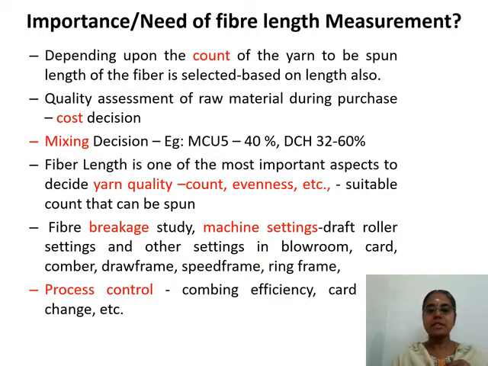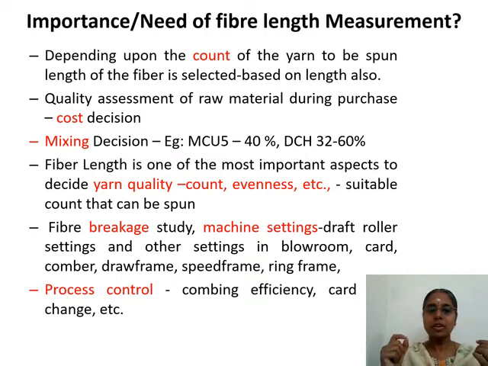Next, after this, you are going to spin the yarn, and the yarn quality, which count, how much evenness, whether you want less hairiness, those things are based on your length. For the same count, you can use 2-3 different lengths, and the other properties are also based on your length. The longer your fiber, the easier you can process, and the quality and evenness of the yarn will improve as your fiber length improves.